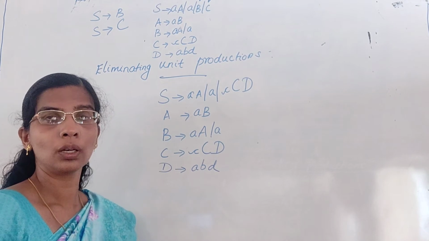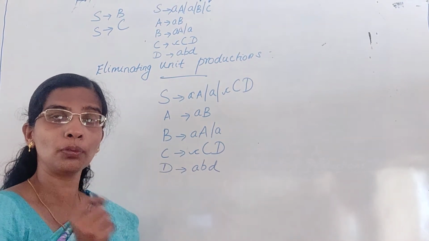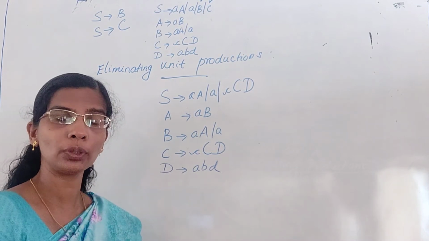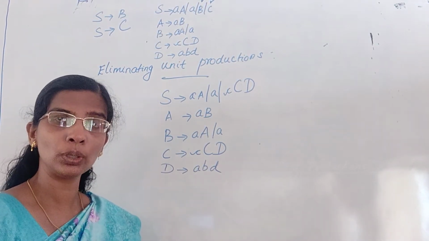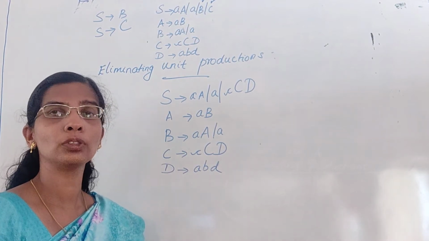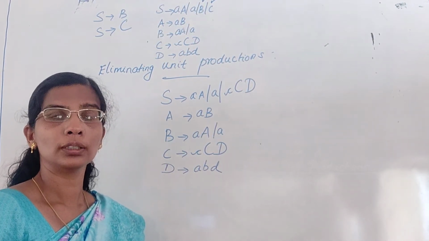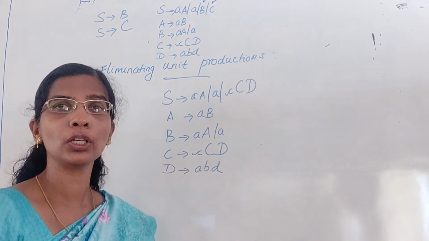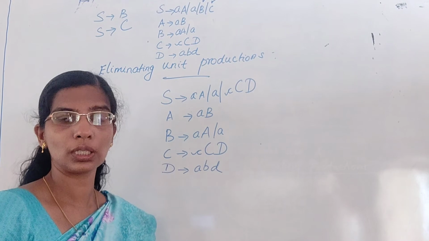Be careful. Before solving, check whether your grammar has epsilon. If it has epsilon, you have to eliminate it. If it has unit productions, you have to eliminate them, and then you start simplifying your CFG, that is, eliminating useless symbols and productions.